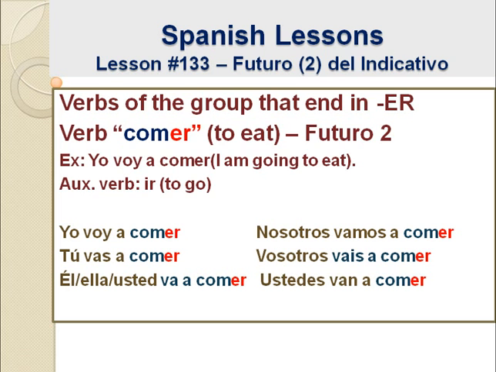Tú vas a comer. Él va a comer, or ella va a comer, or usted va a comer. You are going to eat. Nosotros vamos a comer. Vosotros vais a comer. Ustedes van a comer. Ellos van a comer.